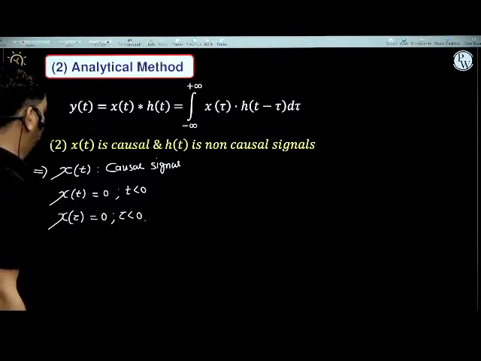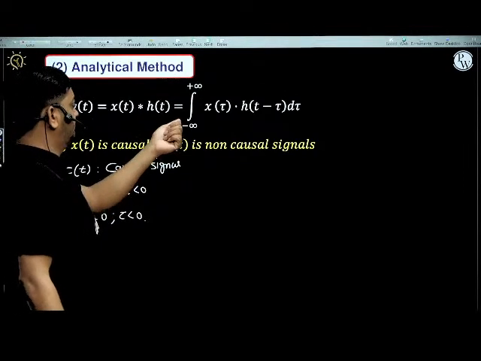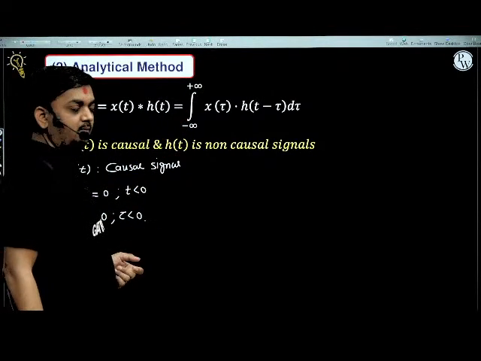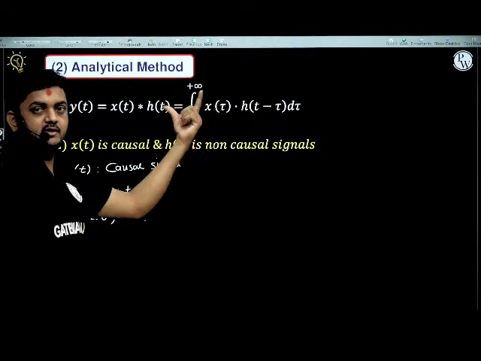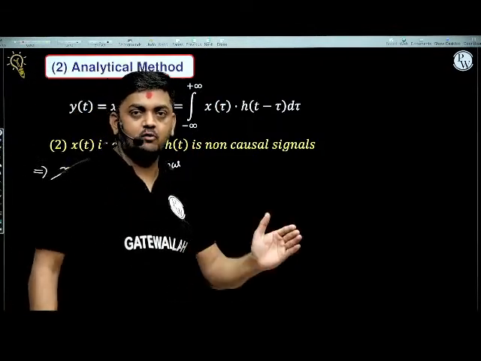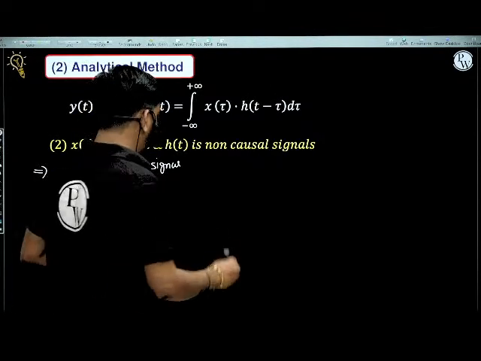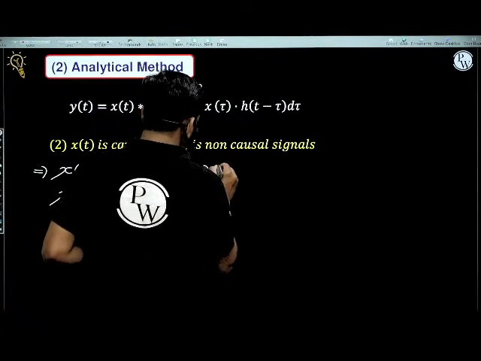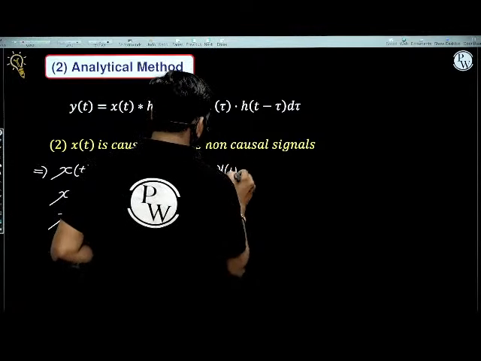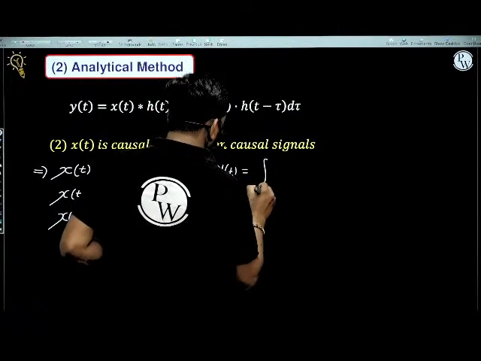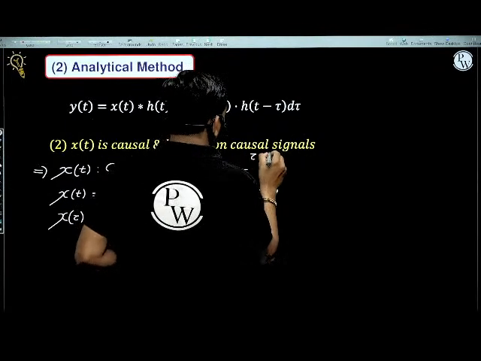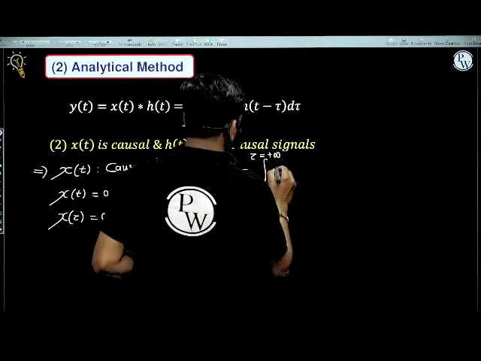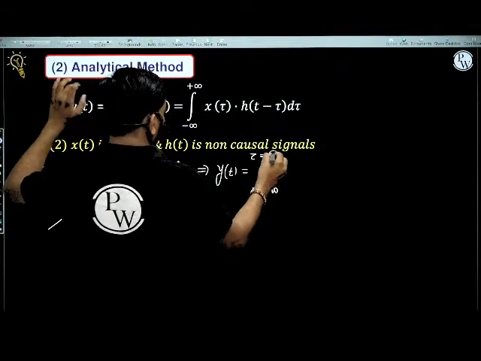The integration limit is minus infinity to plus infinity, but for tau less than 0, x of tau is 0, so the integration answer will be 0 for tau less than 0. So here y of t is the integration with tau from minus infinity to plus infinity. Now let me split the limit.